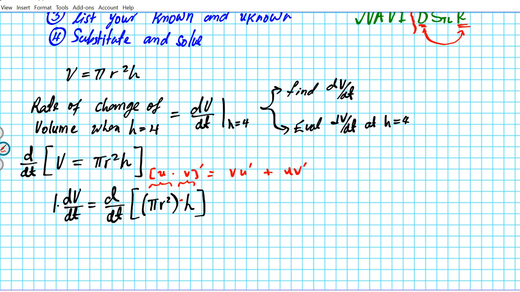And then we want to make sure that we keep track of agreement and disagreement. So let's do it. v is h. u prime, the derivative of pi r squared, is going to be 2 pi r.